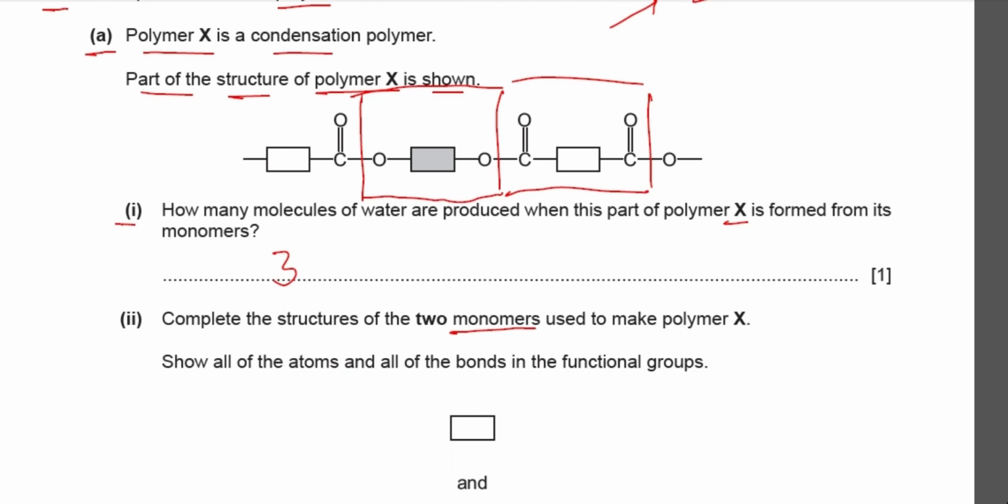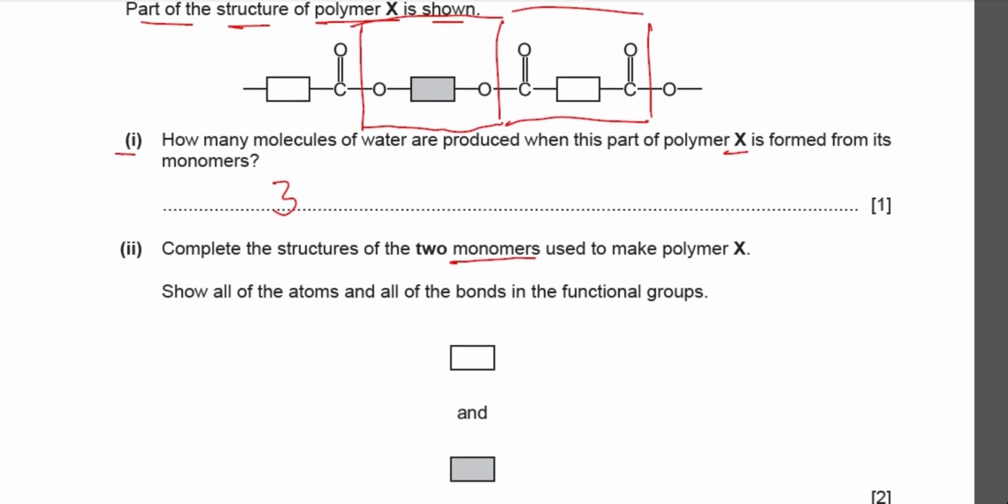So accordingly, just complete whatever you see above. In the colorless box, you can see on both sides you have C double bond O. And in the colored box, you have O on both sides. Now recall the concept which we learned during the classes: whenever you are making any ester bond, you remove hydrogen from the alcohol and OH from the acid.